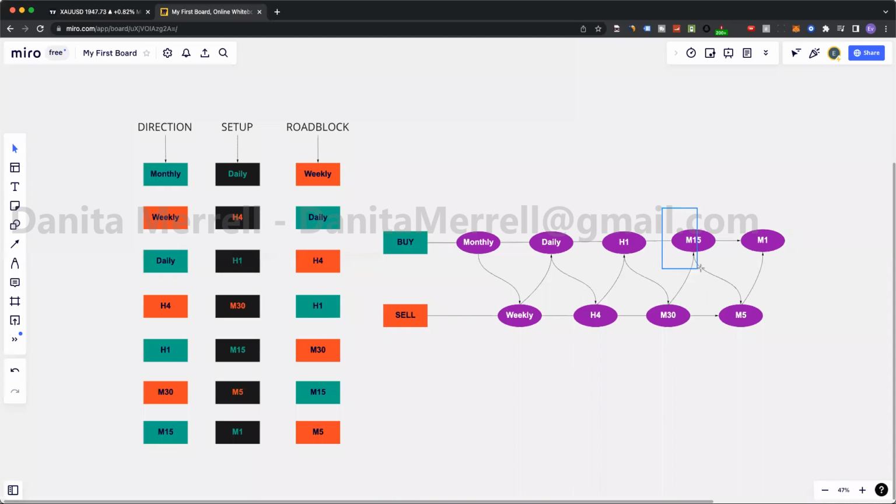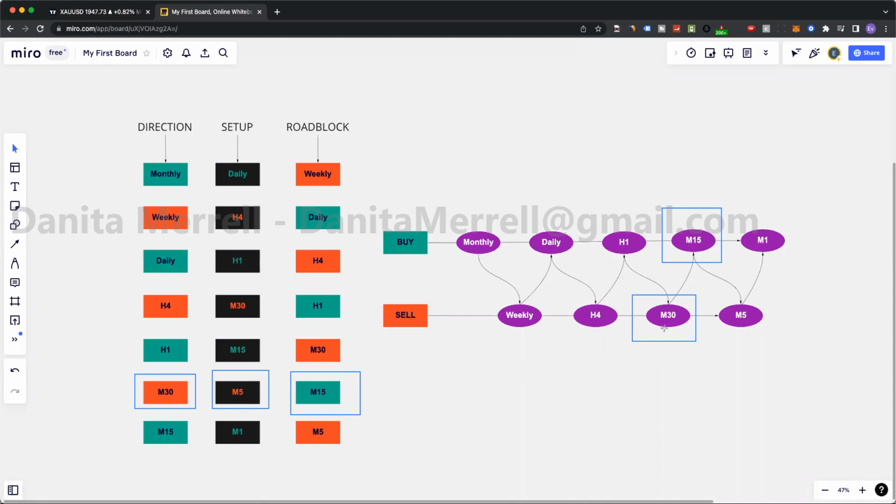We're here now, on our M15 buys. And let's say we respect this M30 sell. We go back to our M30 sell, we look at an M5 setup, and now we need to break the M15 buys.